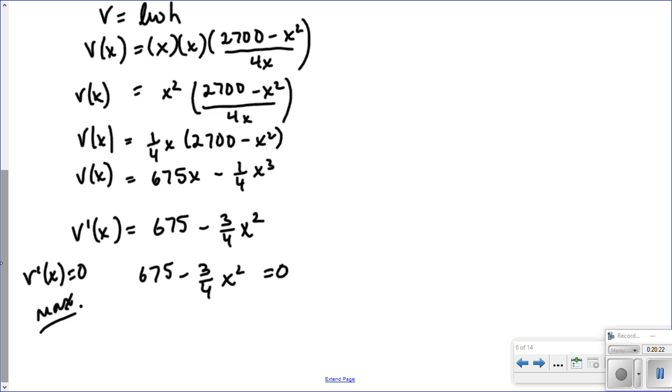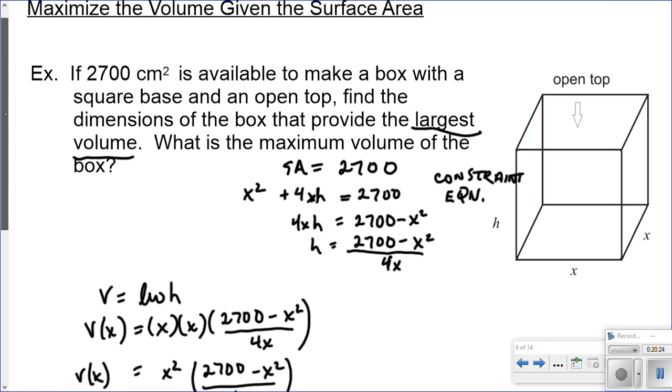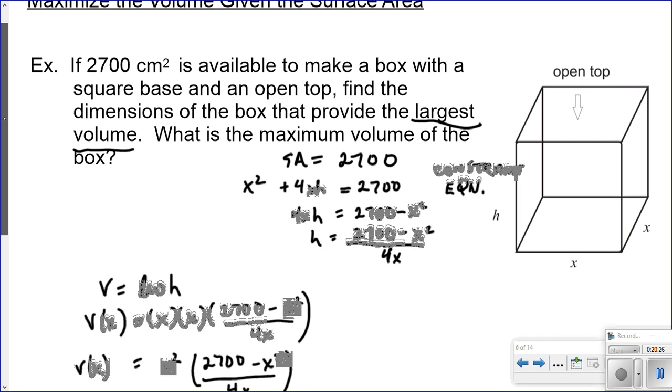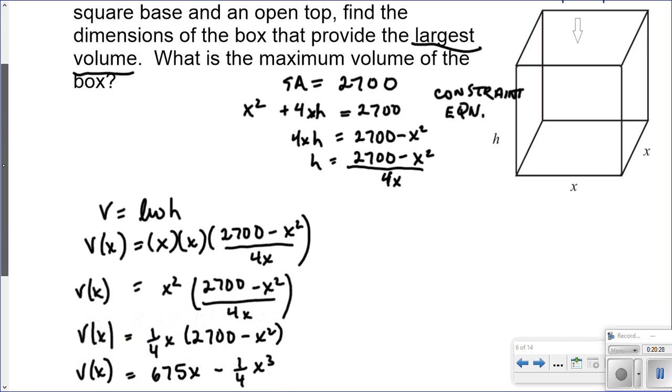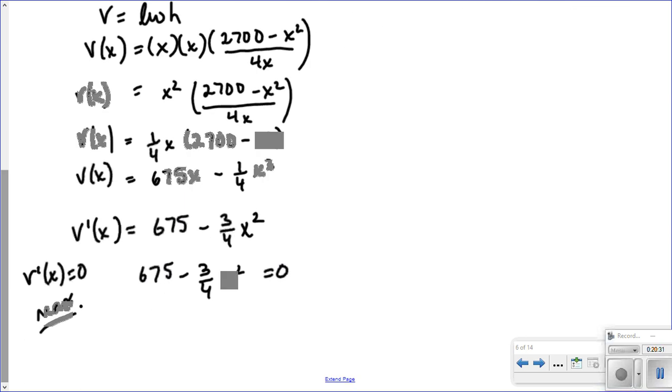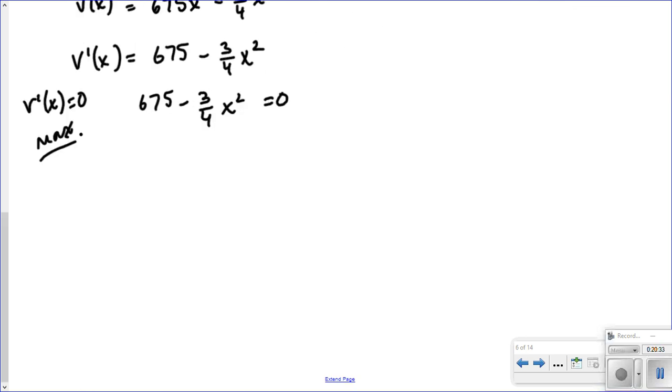I have a certain amount of surface area to use to construct this box, but I want to make the biggest box possible with what I have, and it could be different dimensions. So let's solve this. I like to do it by moving my terms around. So multiply by 4 divided by 3.